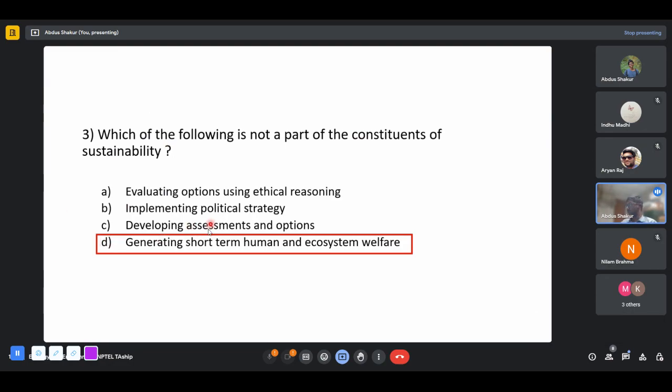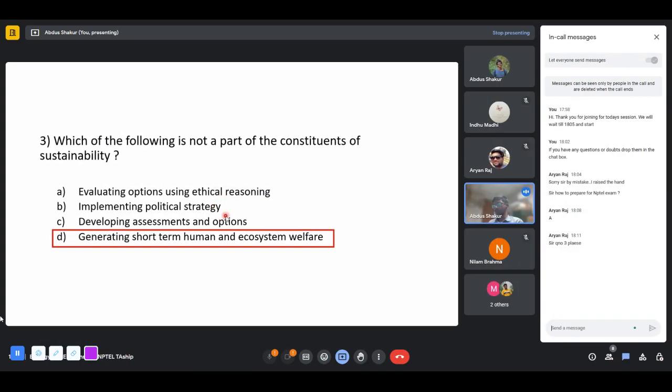So you want me to go over it again? The question is which is not a part of sustainability. Evaluating options using ethical reasoning, implementing political strategy, developing assessments and options. For instance, if you talk about goals of sustainability, or sustainable development, not only having the goals is important, you need to assess how well you are reaching them. That is a component of sustainable development.